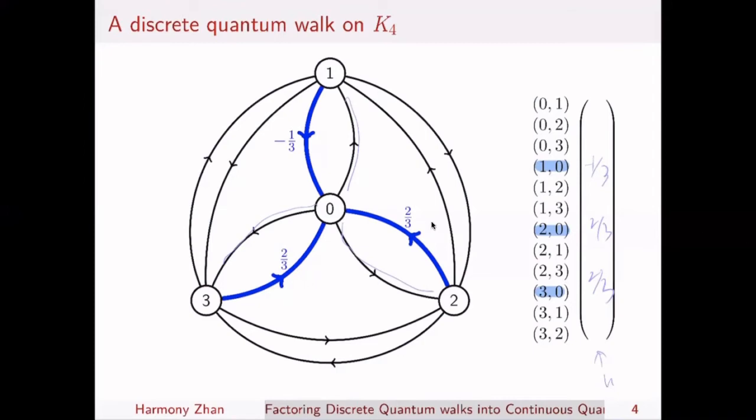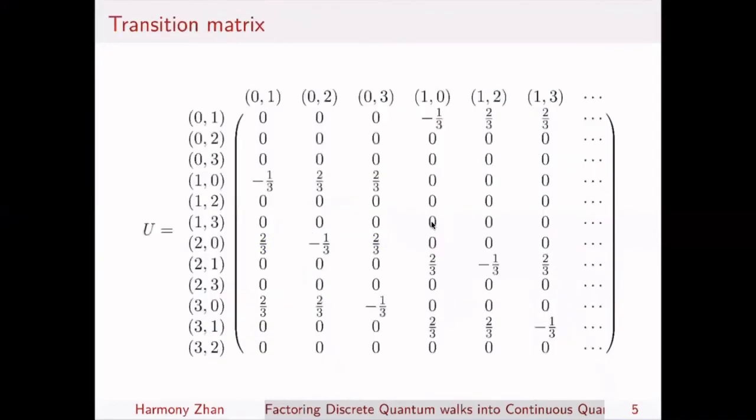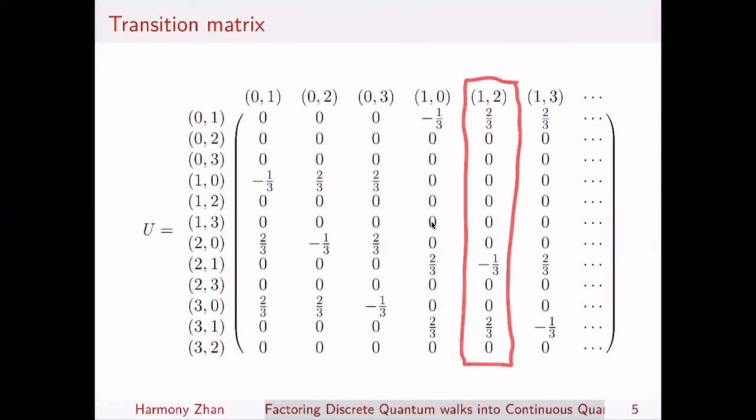All right, with that, we are ready to write down our transition matrix. Each column tells me what I will get if I start with that column index. For example, here I see exactly the same vector as on the previous slide. Let's pick another column to check if my U is correct. Take the column 1, 2.